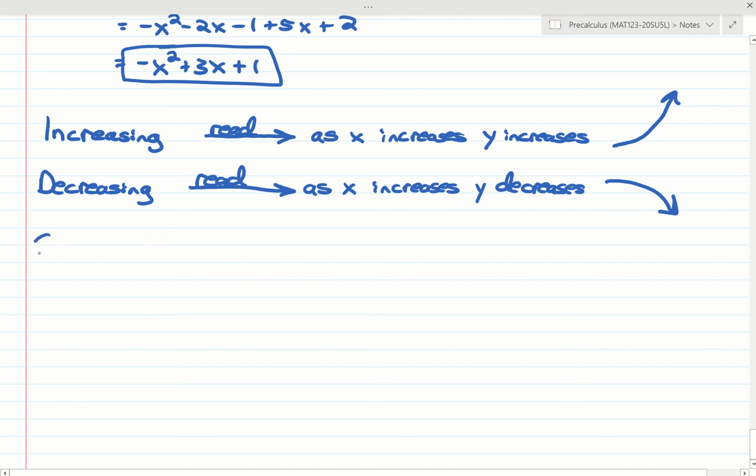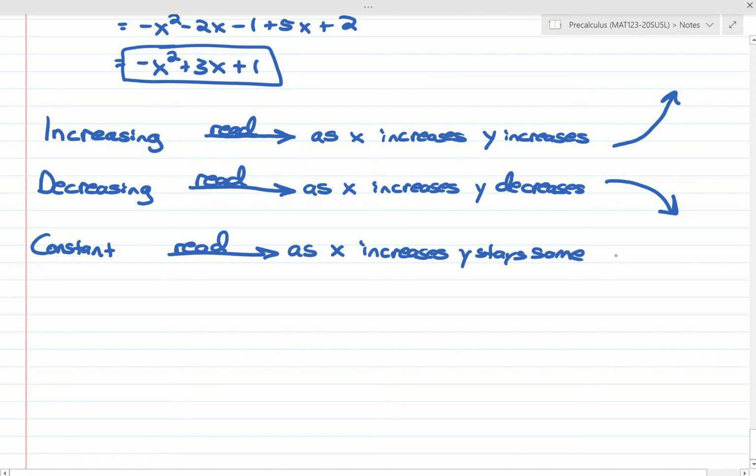And if a graph is constant, we always read the graph from left to right. What that means, as x increases, y stays the same. So this graph would be like a flat line like this.